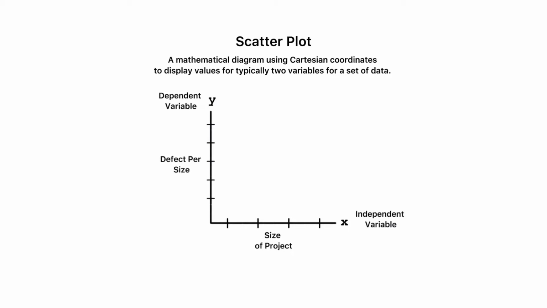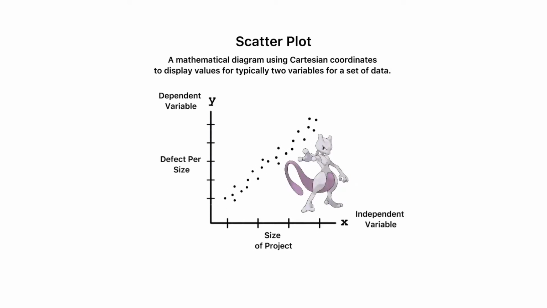Now, if you see that the defect per size is increasing with an increase in project size, you can conclude that there is a positive correlation between them. Between two variables, there can be a positive correlation, negative correlation, or no correlation at all. So these are all the 7 quality control tools for efficient project management.